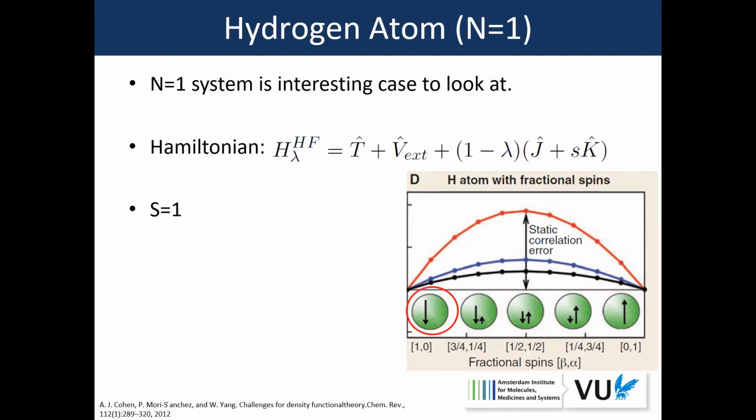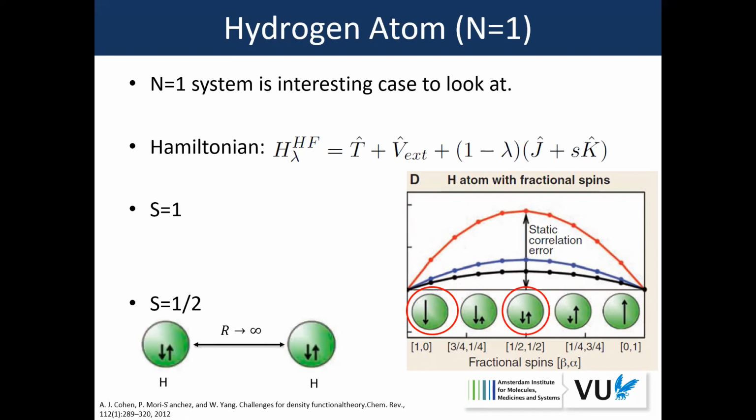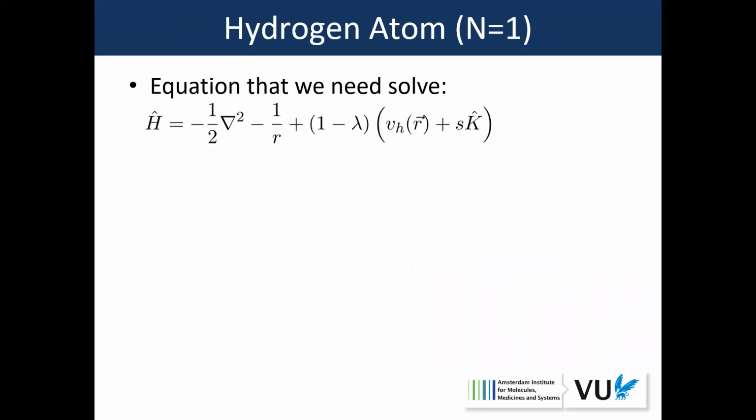For the S=1 system, we have just one spin up or one spin down on the hydrogen atom. And for S=1/2, you have a fractional spin, half up and half down, which is what you get if you do a restricted Hartree-Fock calculation, increase the bond length to infinity, and you get 1/2 on both of them, and you look at one of them locally. So that's what we have done.